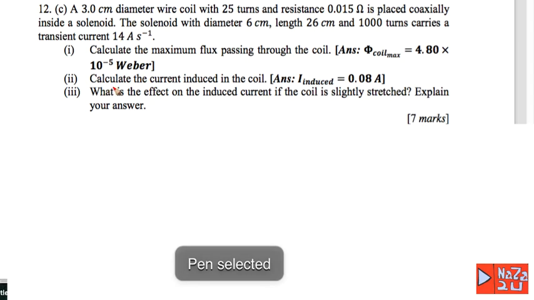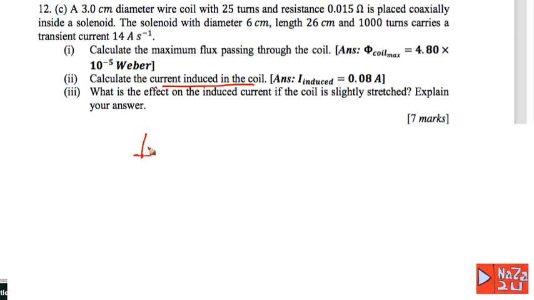Next, question number 2, calculate the current induced. Current induced comes from, because the EMF is equal to current induced times R. So the current induced is equal to induced EMF divided by R. So now this is number 2, right?